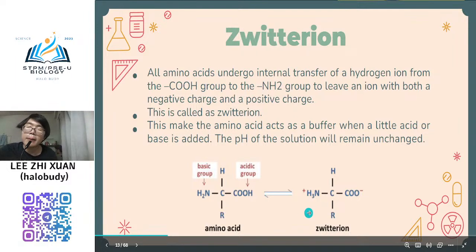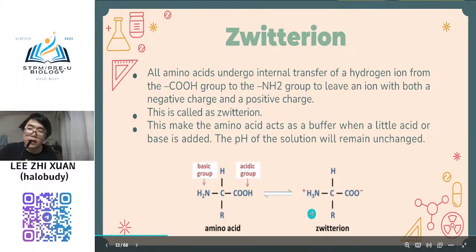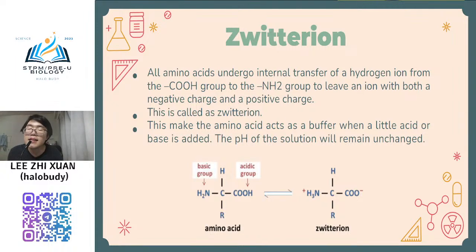We know that amino is basic, carboxyl is acidic. Do you still remember your SPM chemistry? This part is more focused on chemistry. In acid and base reactions, acid gives hydrogen ion, base gives hydroxyl group, OH. Ammonia and amino groups are basic, and carboxylic acid, any acid, is acid.